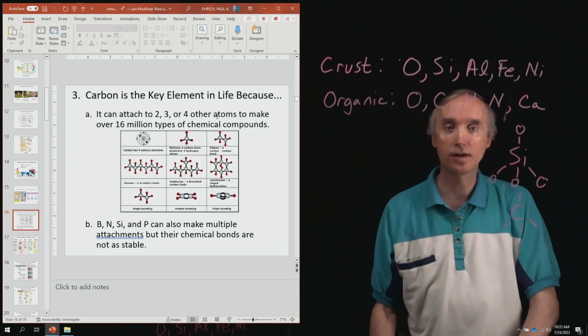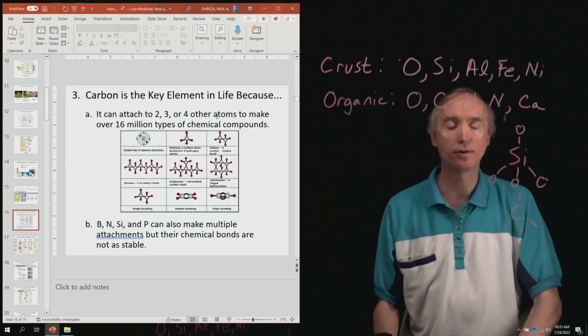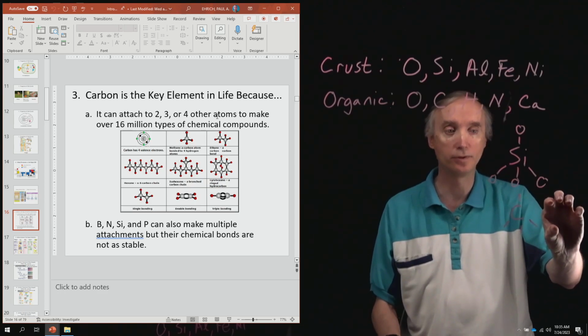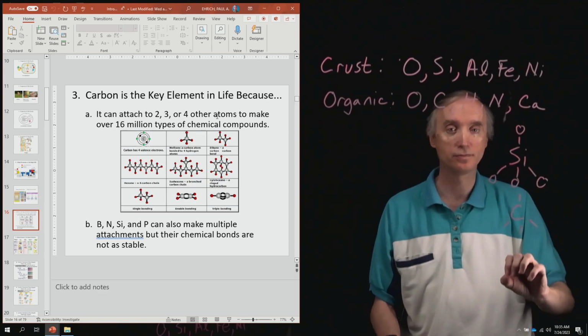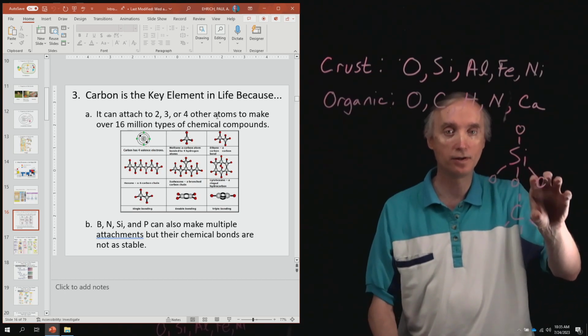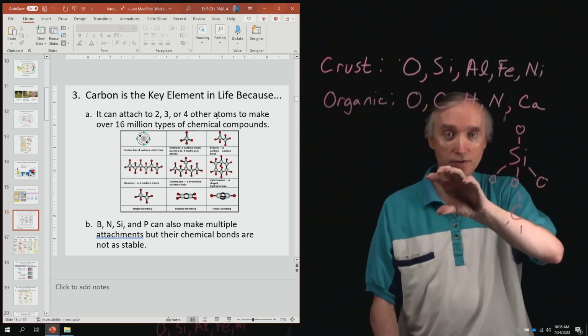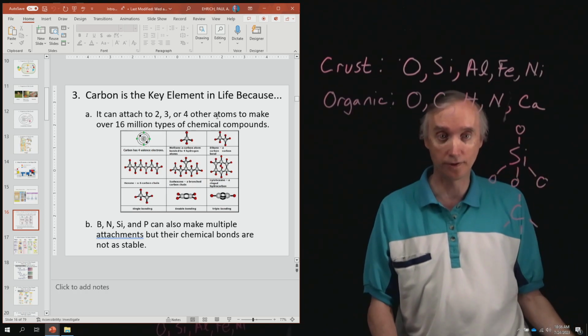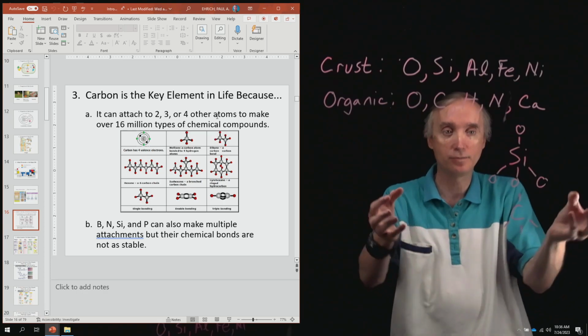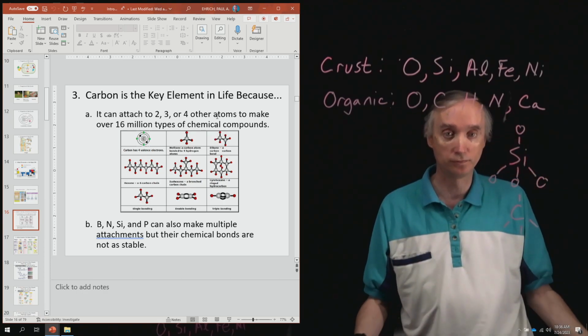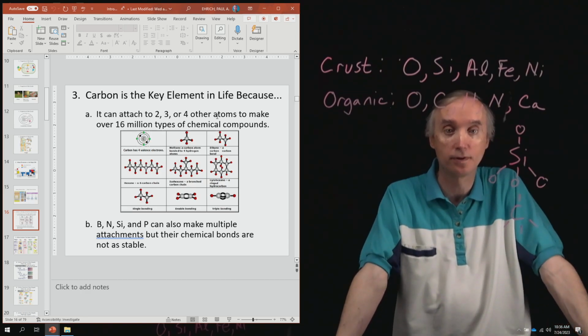And so one of the things that carbon can do is attach to another carbon, so it can make chains. You can see sometimes another carbon can be attached to the chain so that the chain can have branches on it. Sometimes the chain can be wrapped around, and so it can make a circle of these carbons.